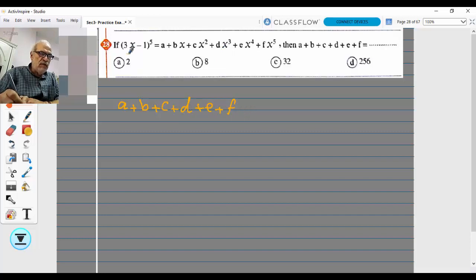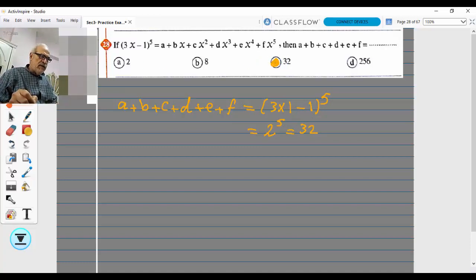And also substitute x equals 1 in the left hand side. So it equals (3 multiply 1 minus 1) all power 5, which equals 3 minus 1 equals 2. So we have 2 power 5, which equals 32. And we choose letter C.